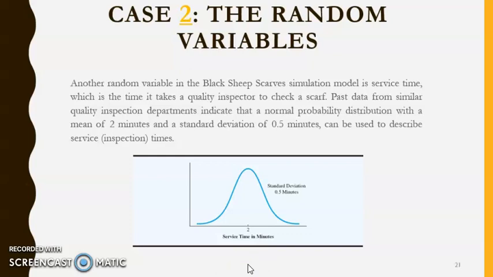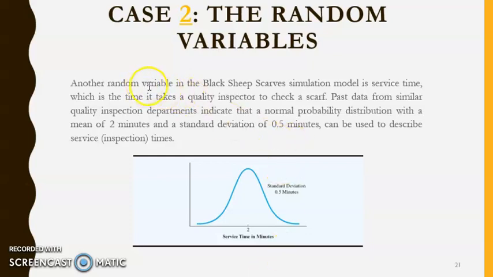With your brilliant smart mind, I'm sure you have discovered what it is going to be. On one hand, we have arrival of scarves according to a model. After that, we should have a model for the service time, because these scarves that are arriving need to be served by the inspection station. They start being inspected.